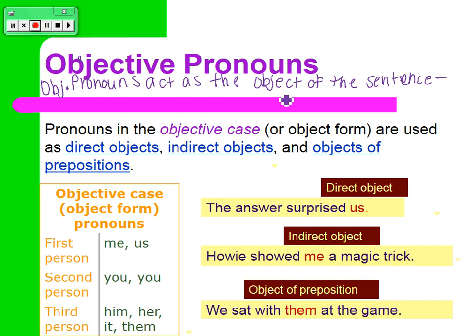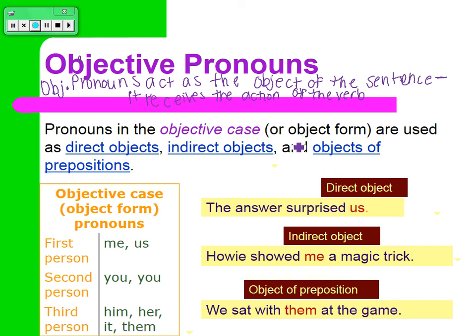And then I would say this because sometimes we still get a little bit confused, so I need you guys to write this down. It receives the action of the verb. Okay, so it's literally the opposite of a subject pronoun. Subject pronouns do the action, object pronouns receive the action.